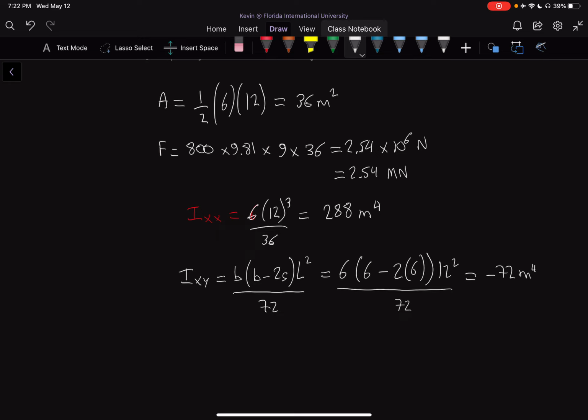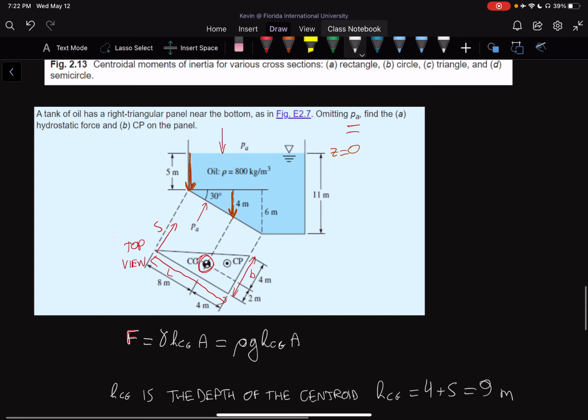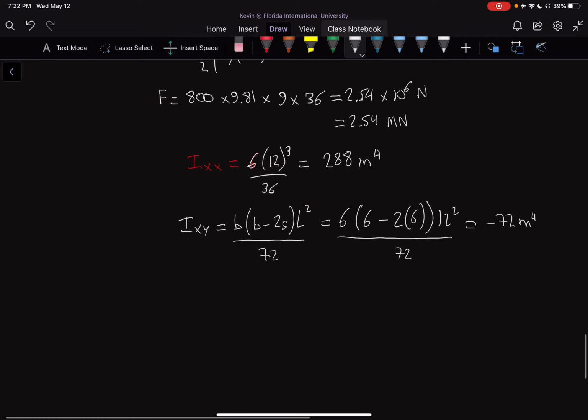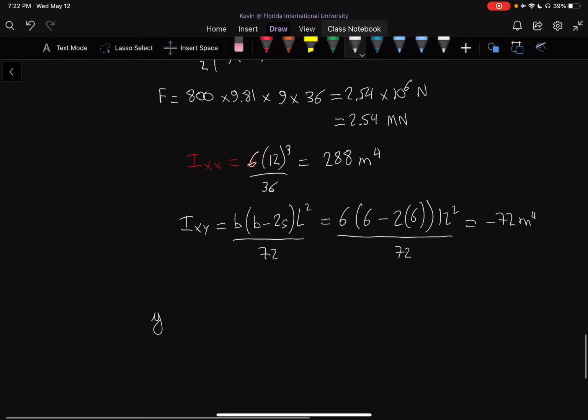Now that's great, but now we need to find YCP and XCP from that. The I's don't give you the CP on the panel. The CP on the panel is found by finding YCP and XCP.